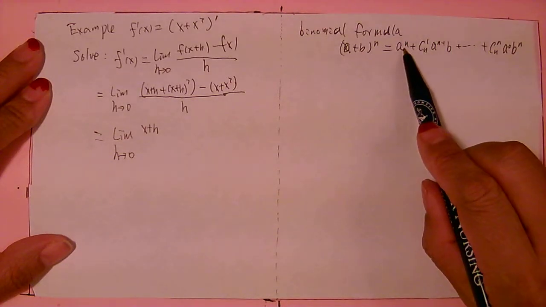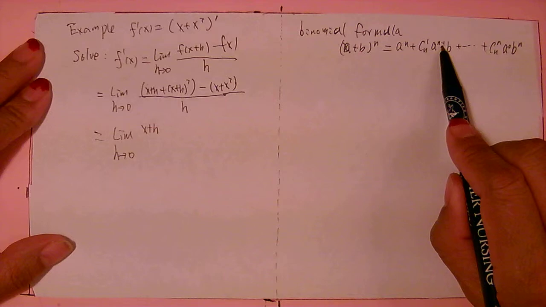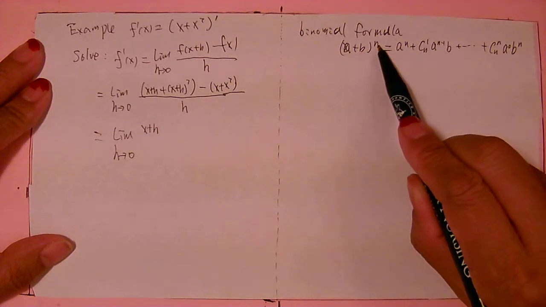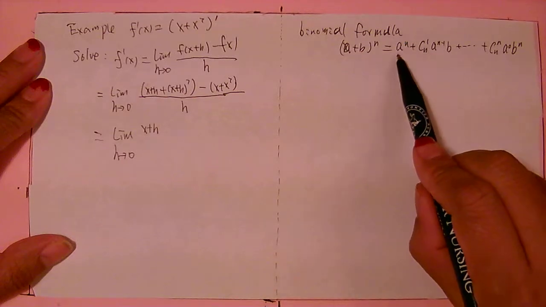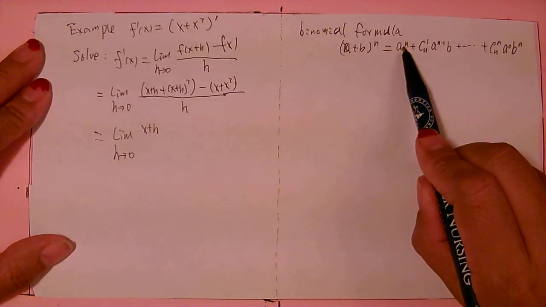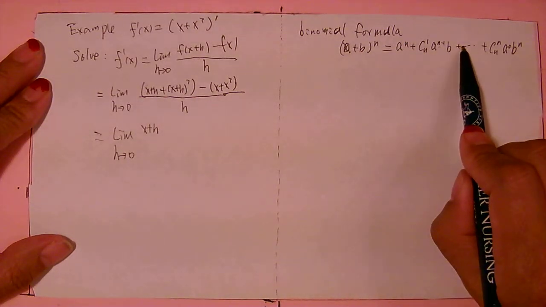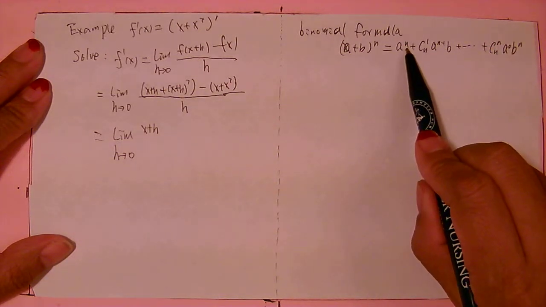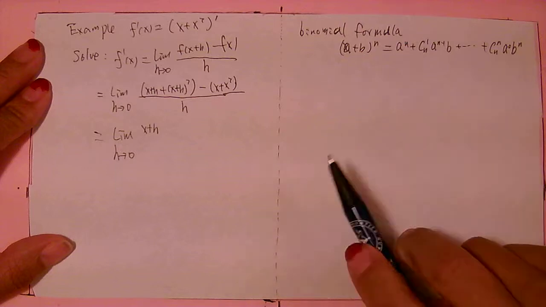Look at it here, the power is n: n-1 plus 1 is n, so they add up together, it will be power n. And then a is decreasing from a^(n-1), a^(n-2) until a^0. And b is from b^0, b^1 until b^n.